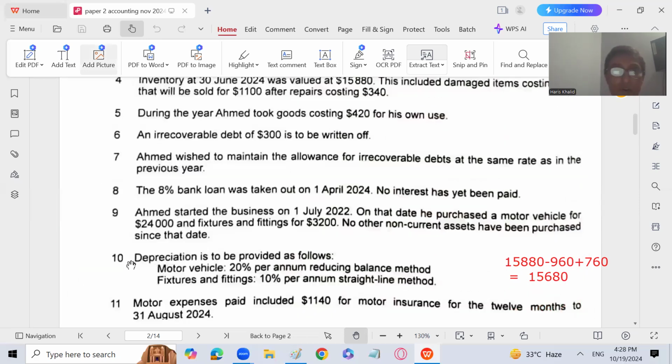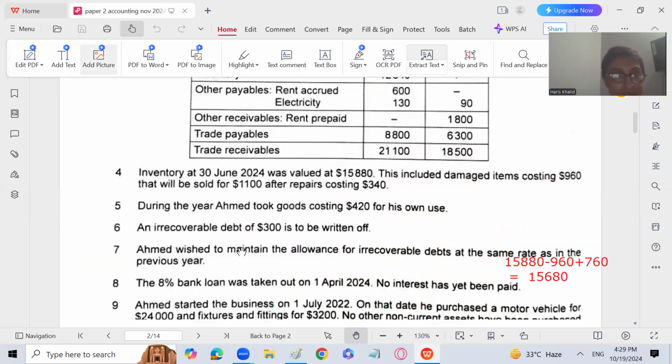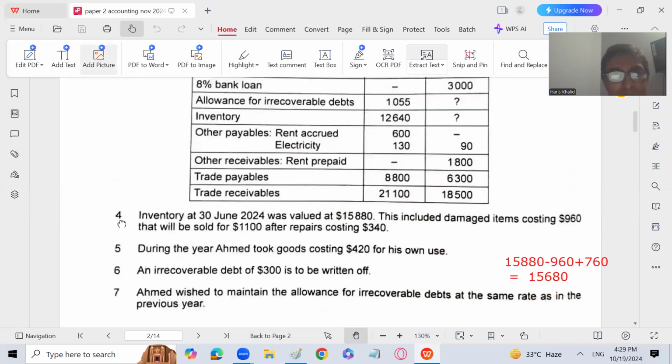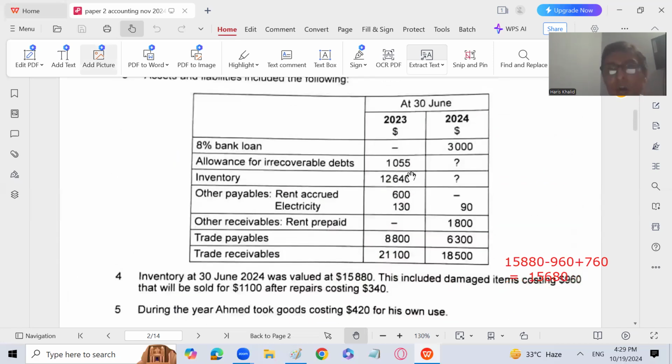First, see the requirement, statement of profit and loss, right? So let's talk first about the 7th part, the allowance for doubtful debts. We have to prepare for irrecoverable debts, but the percentage is not given. The examiner is saying that you are supposed to use the same percentage. So let's see. The allowance for doubtful debts for 2023 is 1055 and the trade receivables are 21100. So let's calculate it. 1055 divided by 21100 multiplied by 100, you will get the previous year percentage, and that is going to be 5%.